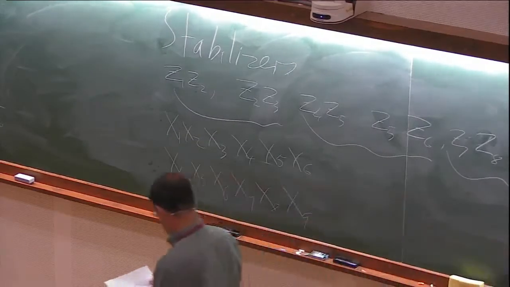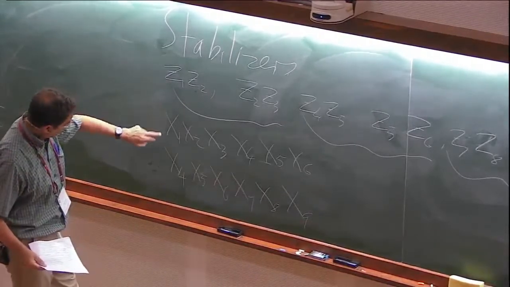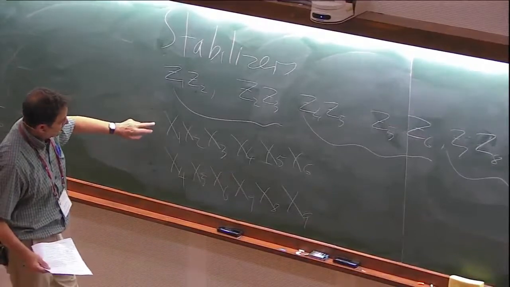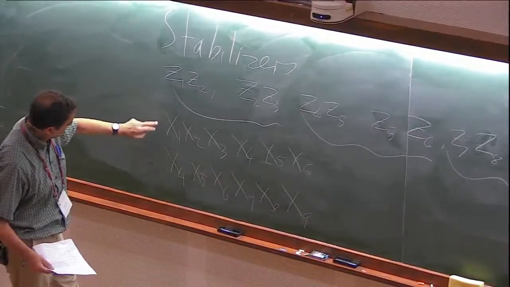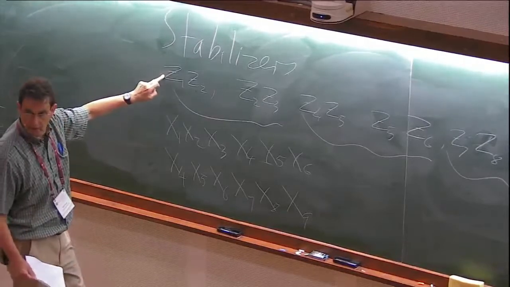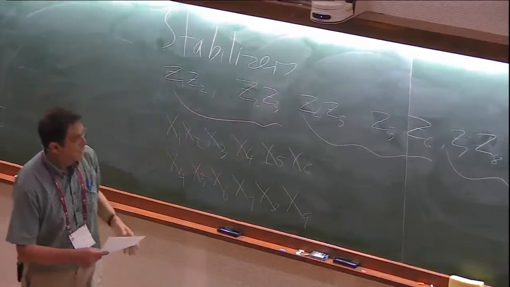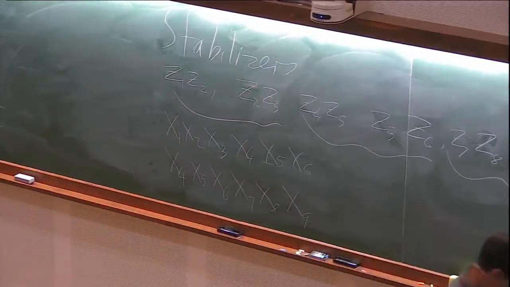And the eigenvalues are, so X1 commutes with both these stabilizers involving X, so these will be both +1. That was not the case for the phase flip, and one of these will be -1. And which of these is -1 can tell you which of the ones had a bit flip.